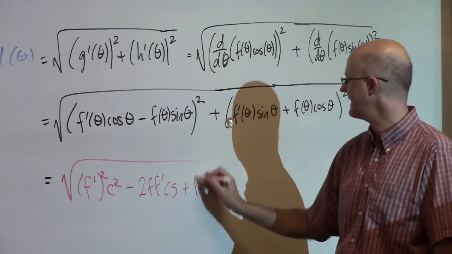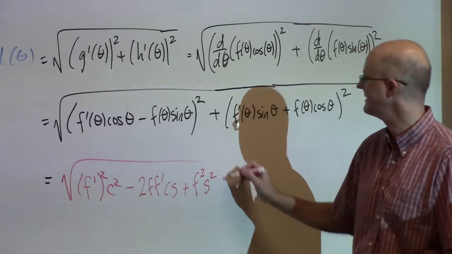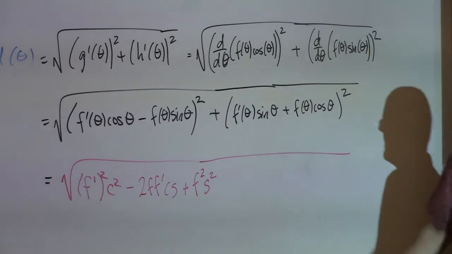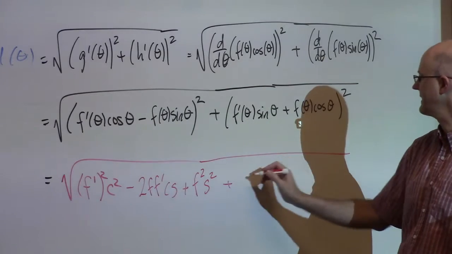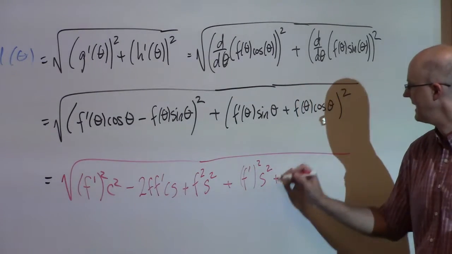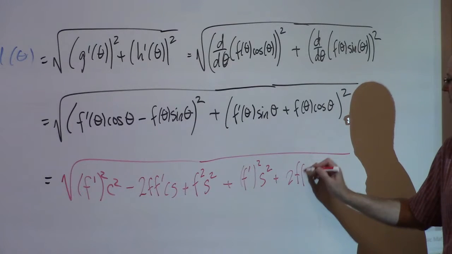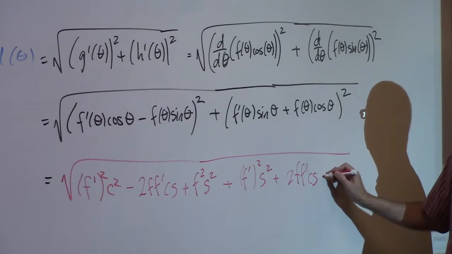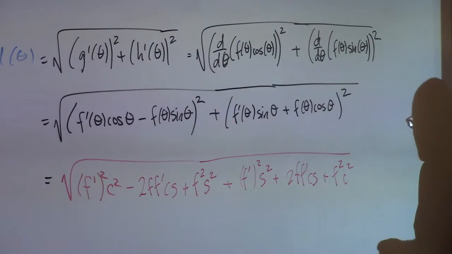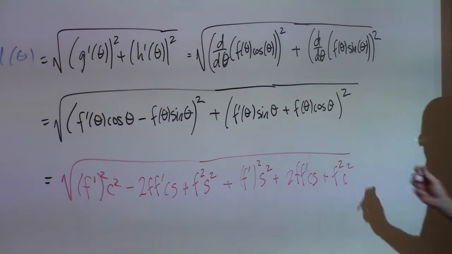Plus, square this thing, I get f squared s squared. Then here, square this, I get f prime squared s squared plus 2 f f prime c s plus f squared c squared. Zoom in on that if you need to.